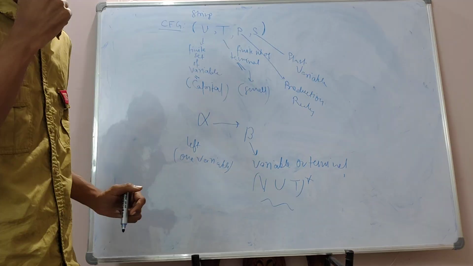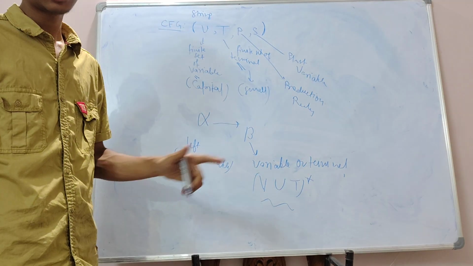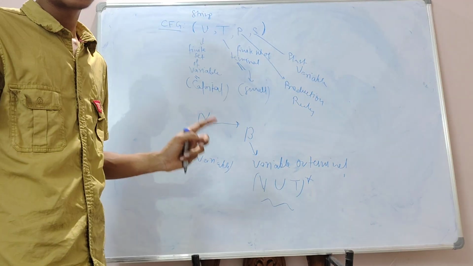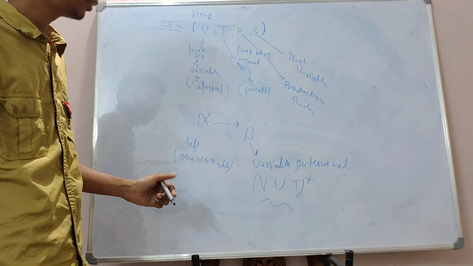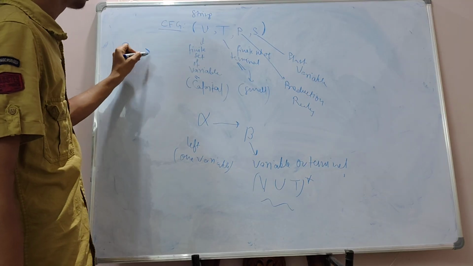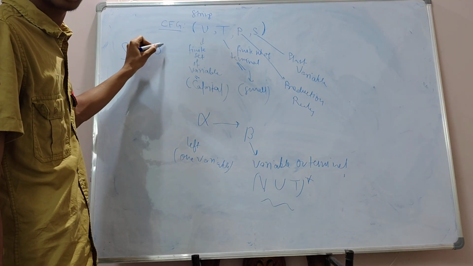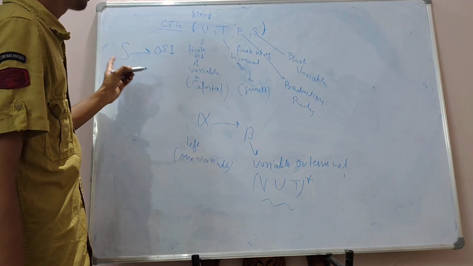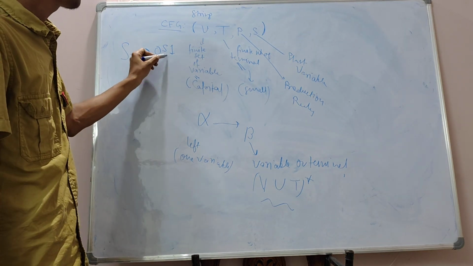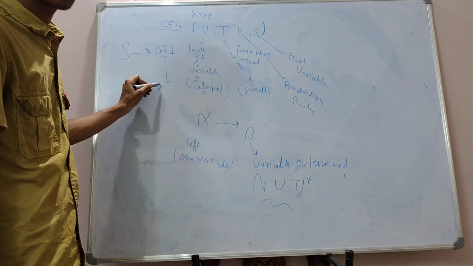Now let's take the start variable. The start variable is the variable at the very top of the left-hand side. For example, I have S goes to 0S1. Here S is the start variable, and this capital S is my variable.